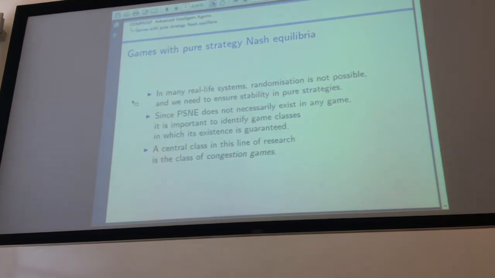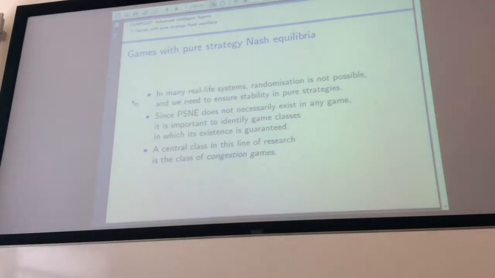The word congestion here does not necessarily have a negative connotation. Congestion just means, literally, load on the resources we're going to use. Congestion may be good or bad for you. When is it bad? Well, if you think about traveling on roads, then the more congestion you have, the slower you go, so that has a negative impact.